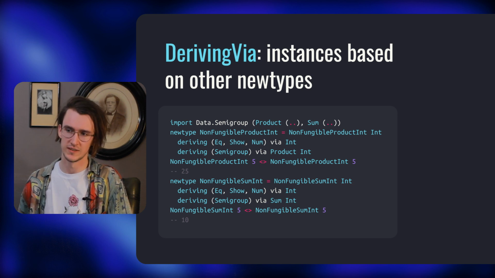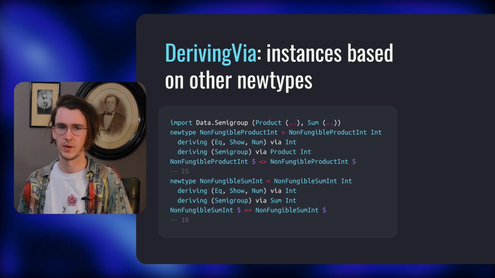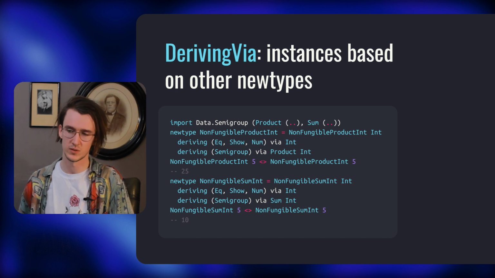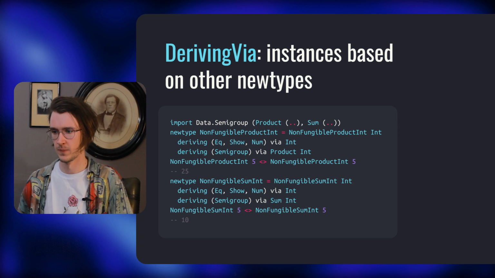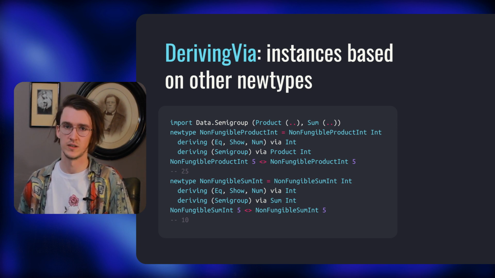Non-fungible Product Int derives a Semigroup instance via Product that uses multiplication. Appending two 5 values of this type gives us 25, while the second instance is based on addition via Sum. Appending 5 and 5 of these types gives us 10.